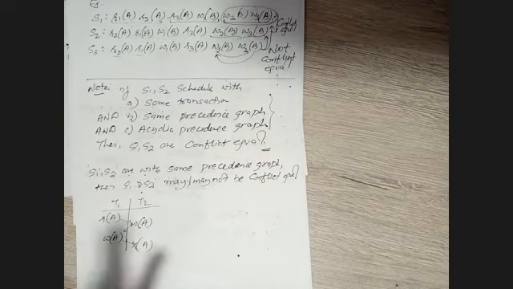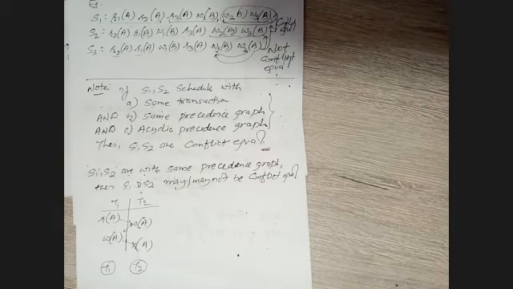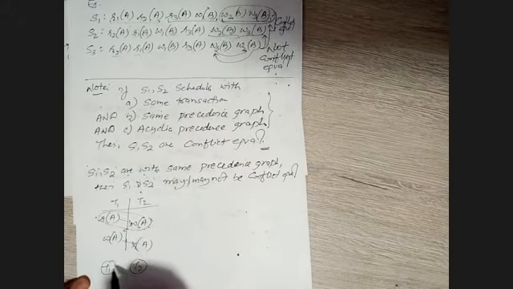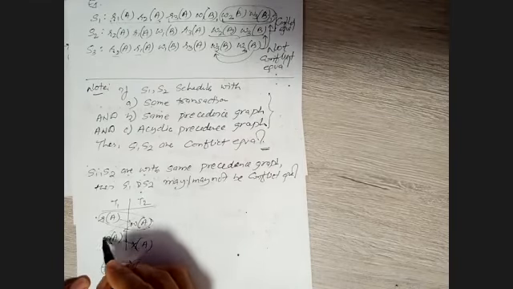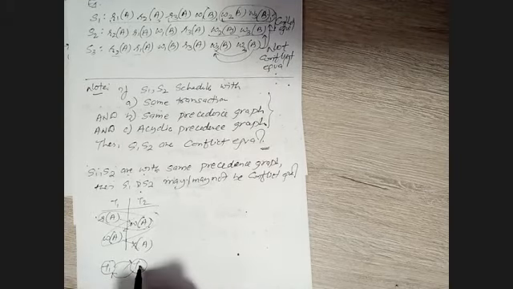If you try to find the precedence graph, this is a conflict pair, yes or no? That is T1 to T2. Write A and write A is also a conflict pair, that is T2 to T1. So this is the precedence graph.